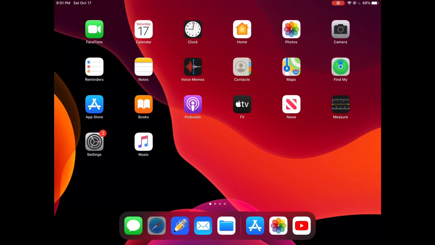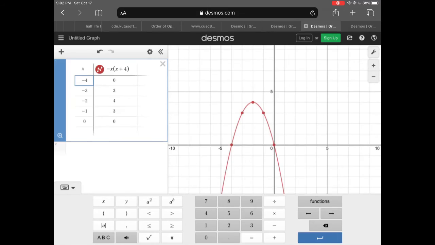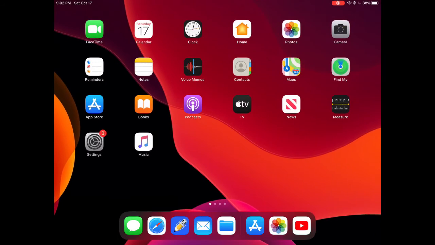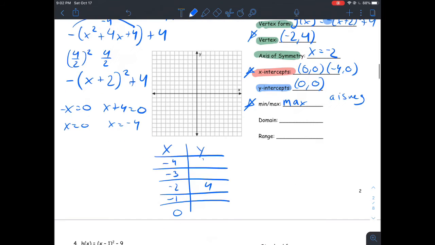So let's go ahead and hop over to Desmos. When I plug these values in, I get 0, 3, and 3, 0. So I'm going to do 0, 3, 3, 0. The reason I have these set up is just for the sake of time.